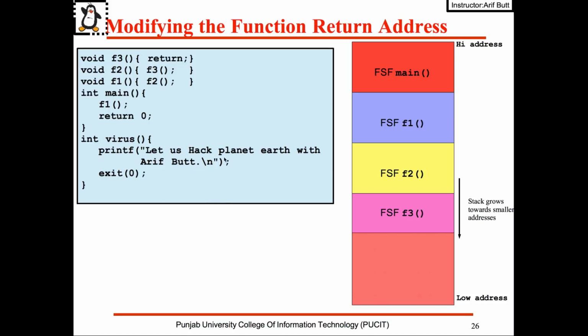In this piece of code, you can observe there is a function named virus, which is not called from anywhere in the program. Let us see how we can call this function virus while the program is in execution.